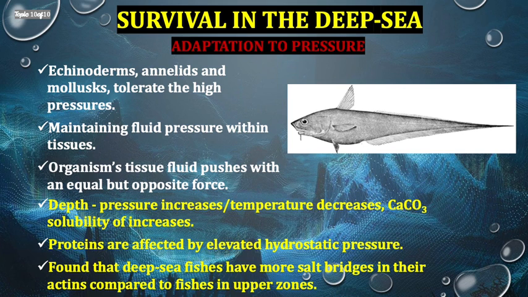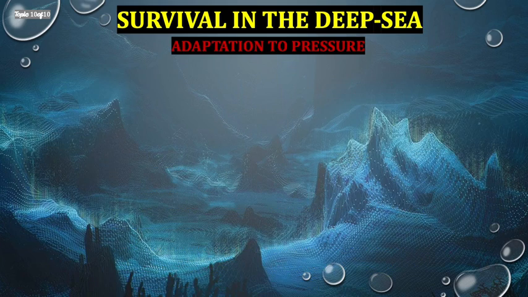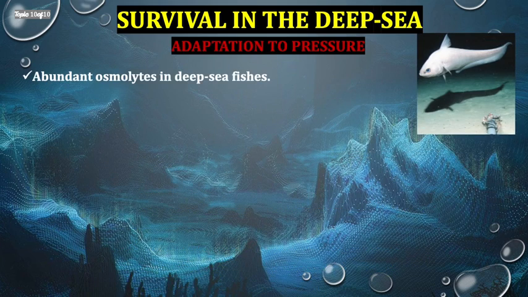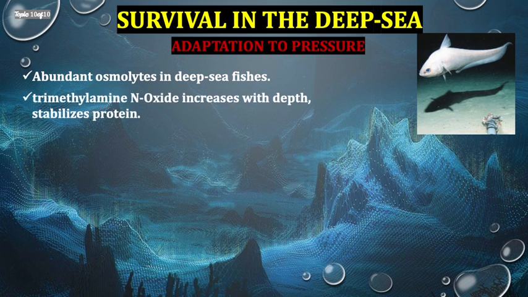Based on the study, they found that deep sea fishes have more salt bridges in their proteins, particularly in their actins, in comparison with fishes that inhabit the upper zone of the sea. One example of a deep sea fish that undergoes this type of adaptation is Coryphenoides armatus, this one in the upper right corner of your screen.